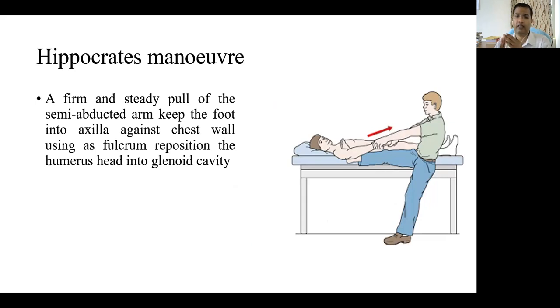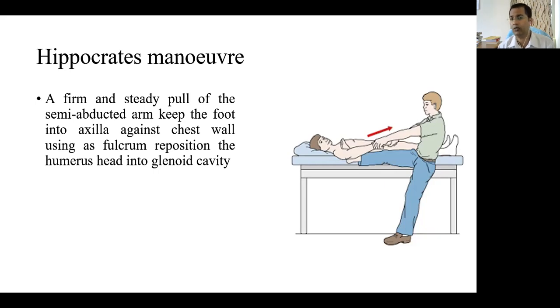So the leg of the surgeon is used as the fulcrum, the point against which the surgeon is pulling, giving traction as well as adduction. In that condition, the humerus head comes into line of the glenoid cavity and relocates, and this shoulder is reduced.